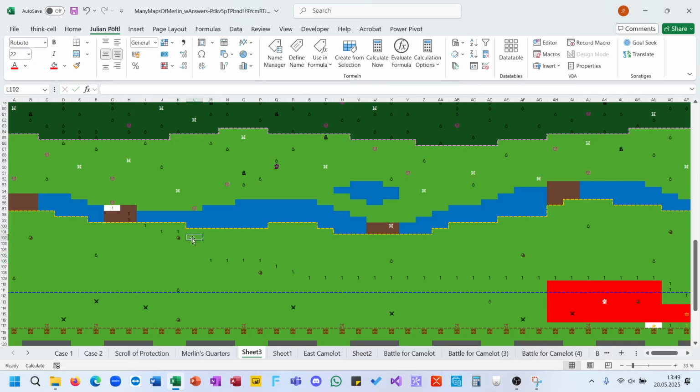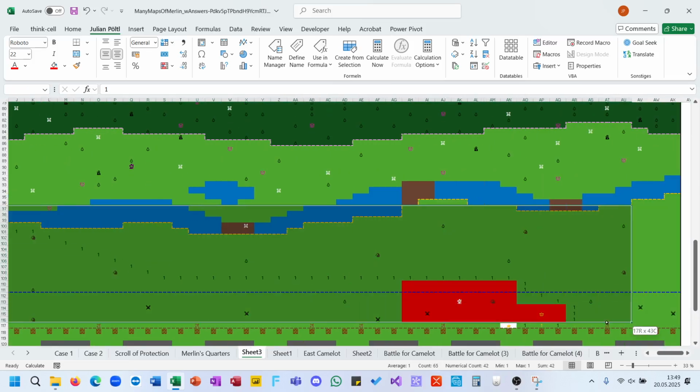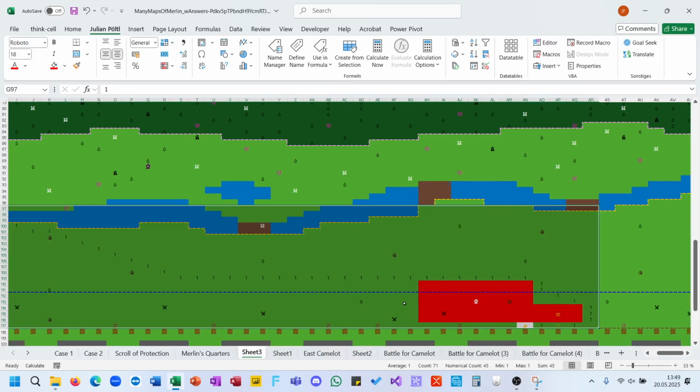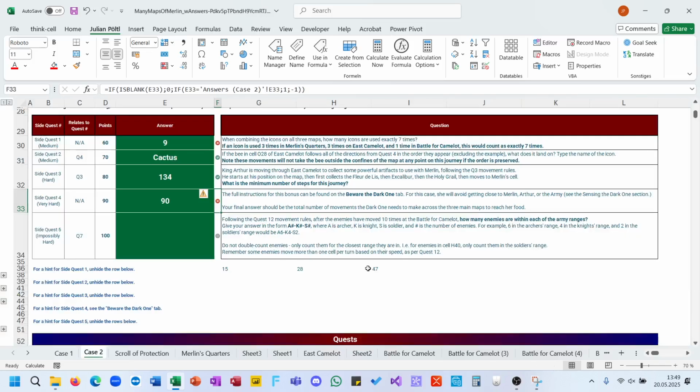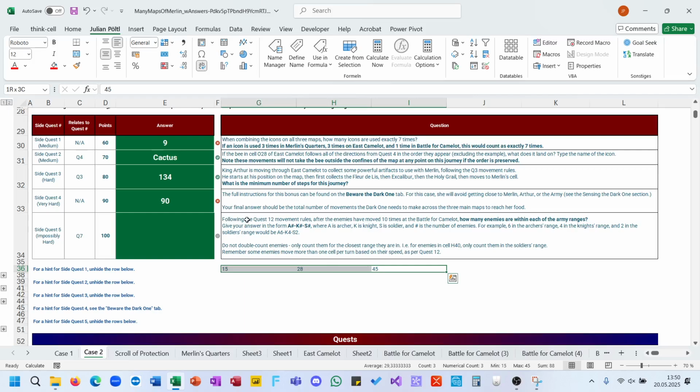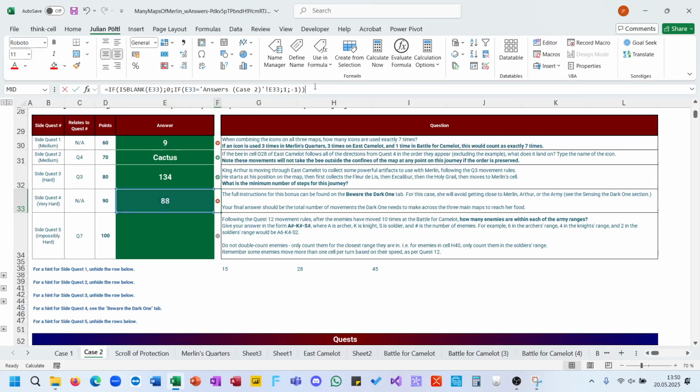So something like this. And this is 45. Okay. Normally, you would not have the possibility in live case. 88. Here we go. Calculate Excel, calculate.